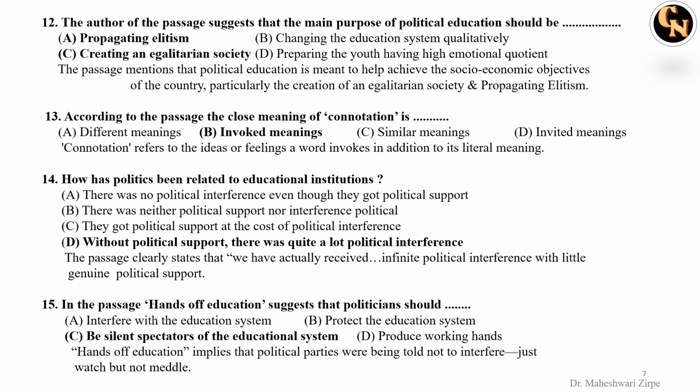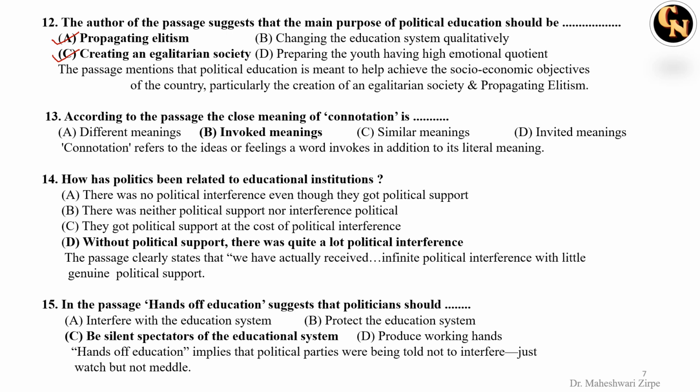Next is, the author of the passage suggests that the main purpose of political education should be dash. So here actually in the exam there should be only one correct option, but this question number 12 was wrong. So here there are two answers which are correct according to the passage. Those are propagating the elitism and creating an egalitarian society.